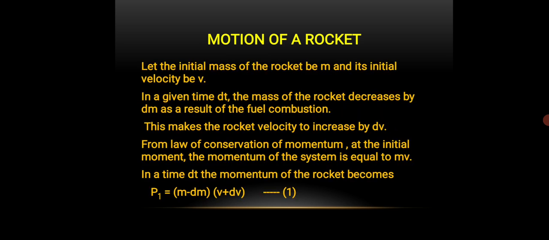We know from the law of conservation of momentum, at the initial moment, the momentum of the system is mv. Now mass is reduced by dm, so you put m minus dm, and velocity is increased by dv, so put v plus dv. Let us call it the initial momentum p1. Name the equation as 1.